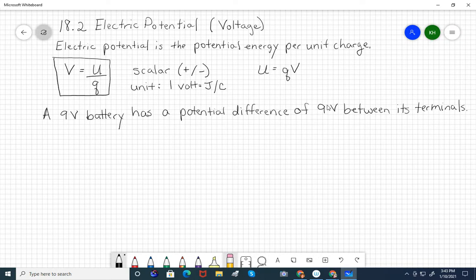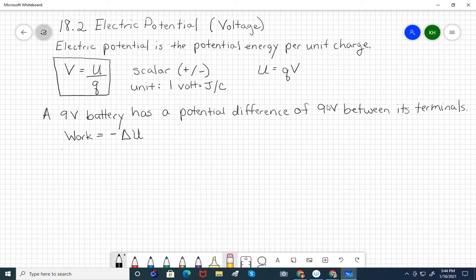Another way we often think about potential is in terms of work. Remember, when a conservative force like gravity or electricity does work on an object, potential energy decreases. So the work is equal to the opposite of the change in potential energy.